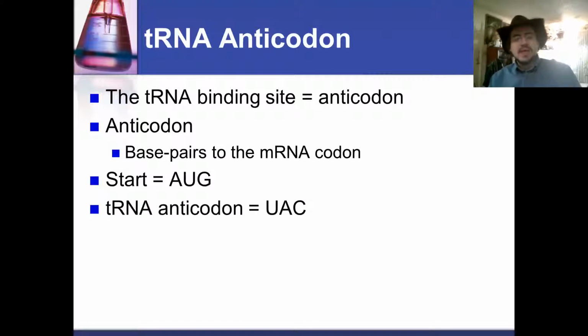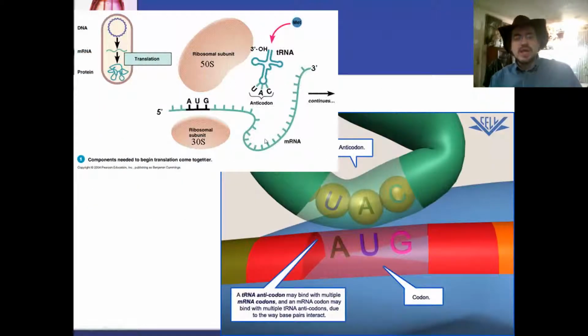And that way, UAC can bind to AUG, and we develop a nice strong bond, allowing our methionine to come to the right place at the ribosome. Very easy. Just a little bit of stuff to memorize.